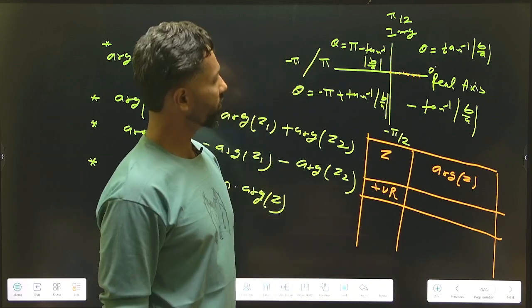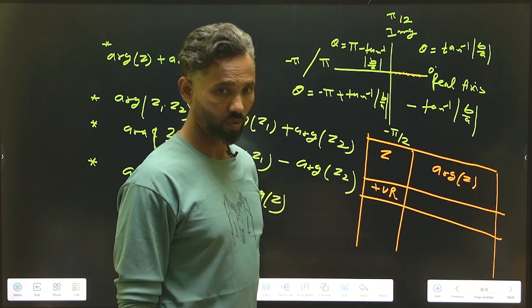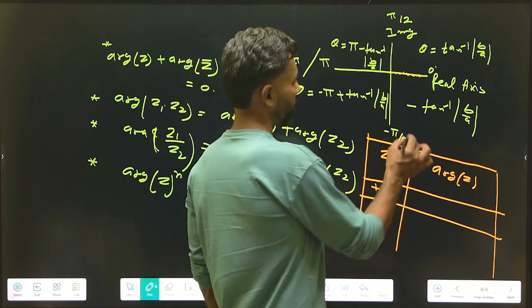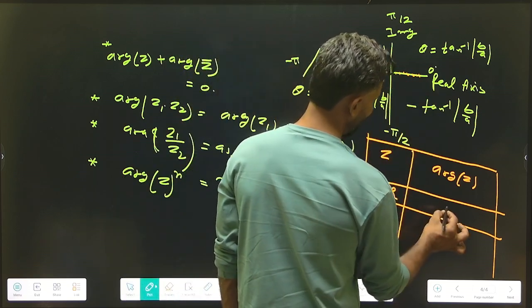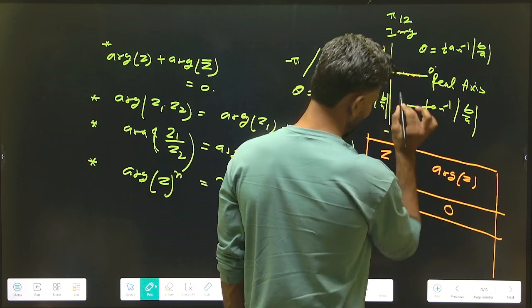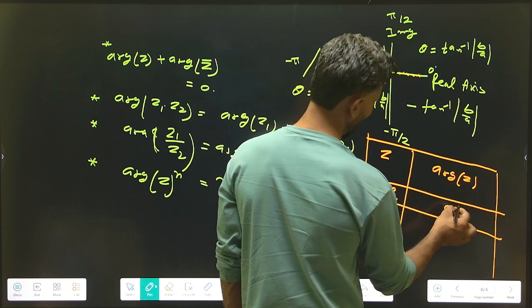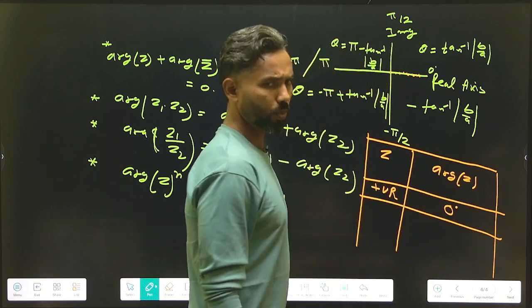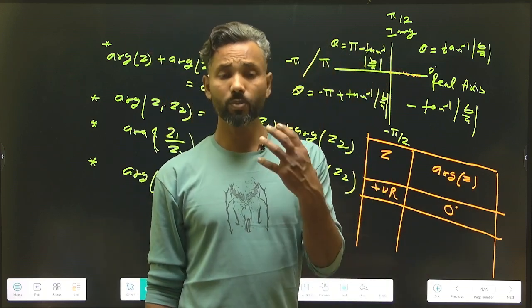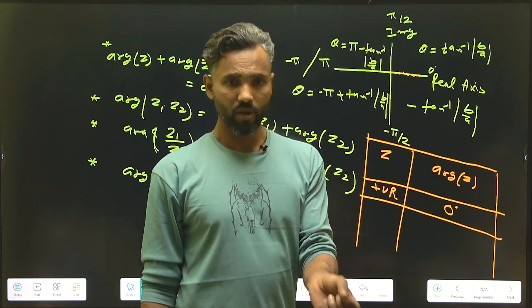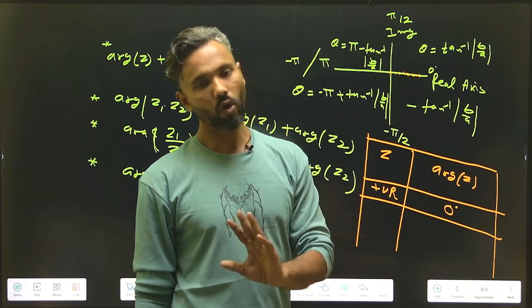And you can see the angle over here, so the argument of a positive real number will always be equal to 0 degrees. If a complex number is purely real and positive, then the argument will always be 0.